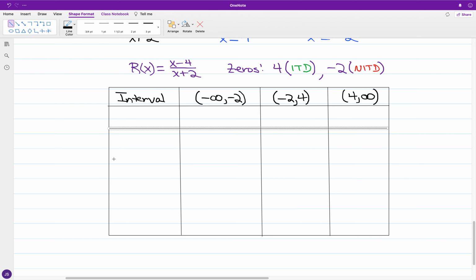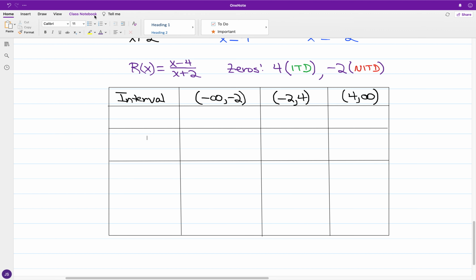We have selecting test values of x and then testing out the rational function value for each input.